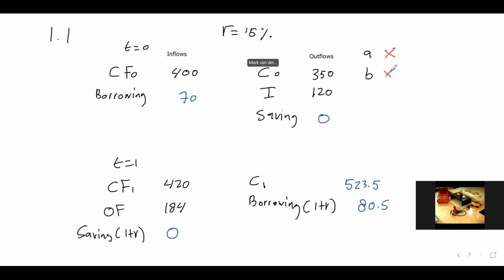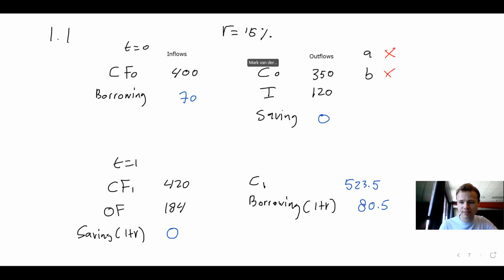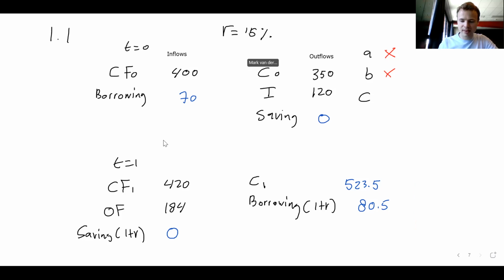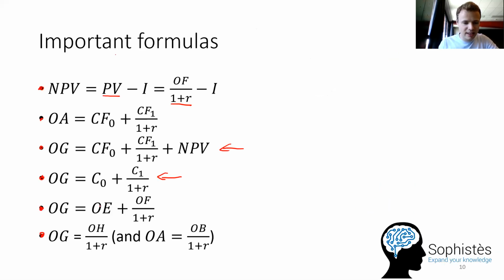Okay. Then we go to C. Do you have an idea how I can find C? If you look in the formula sheet, do you remember that OH is the OG times 1 plus R? And we also know that the OG is C0 plus C1 divided by 1 plus R. So maybe I can write it down here.